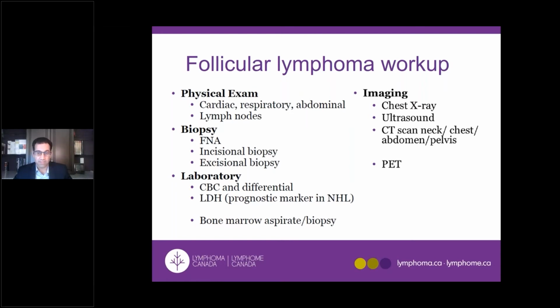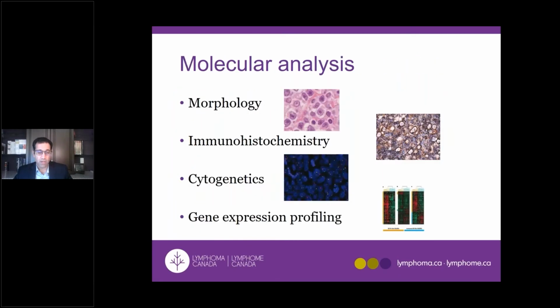Our pathologist will take a lymph node biopsy and look under the microscope to confirm the diagnosis. As I mentioned before, we see small cells under the microscope. Pathologists sometimes grade the pathology as grade 1, grade 2, grade 3, and under grade 3 there is grade 3A and grade 3B.